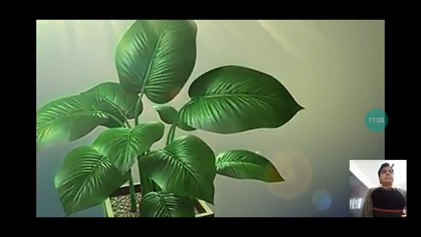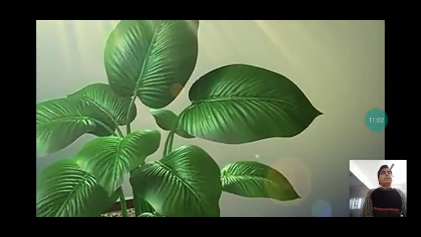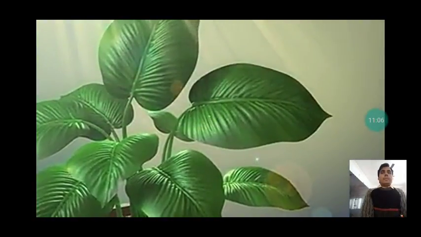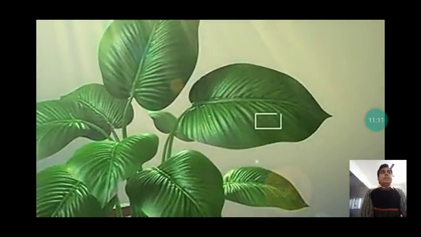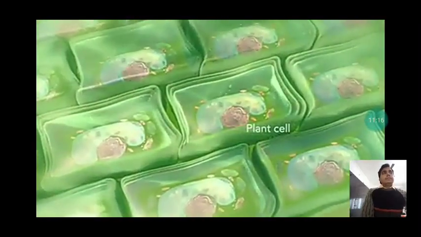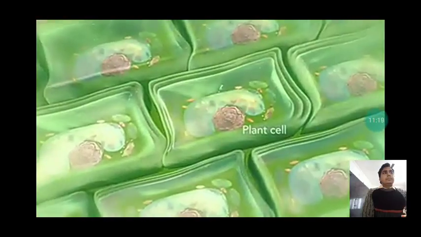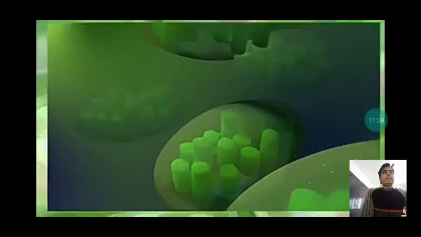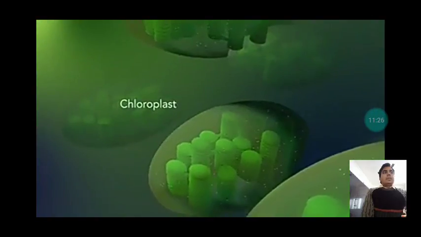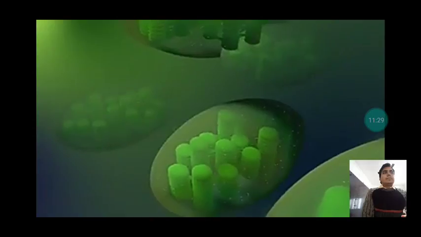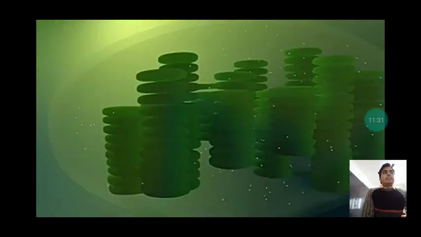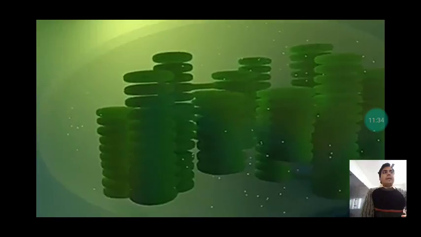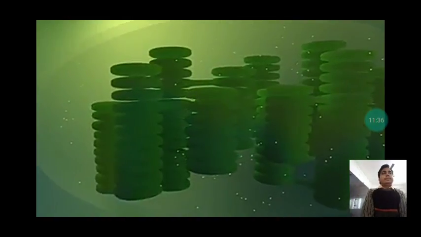Some organisms, such as plants, are photoautotrophic, meaning they capture sunlight for energy, and have cells with an organelle called chloroplast. The chloroplast is where photosynthesis happens.